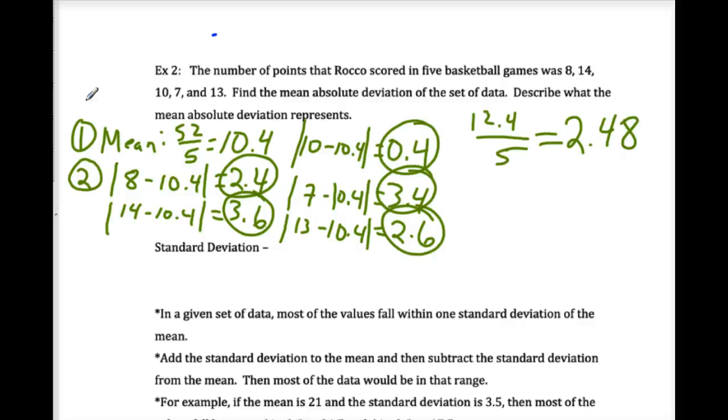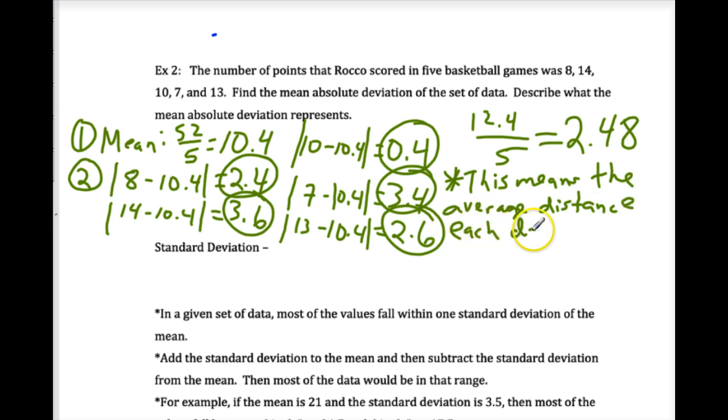Here's how we're going to write it. Write this down, guys. This means the average distance each data value is from the mean is 2.48.